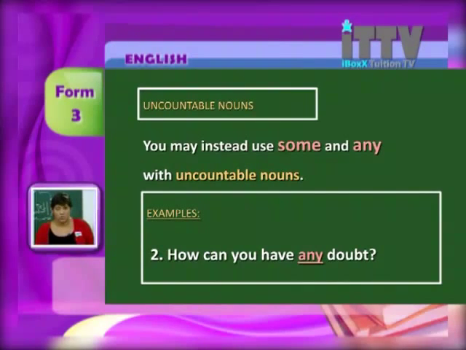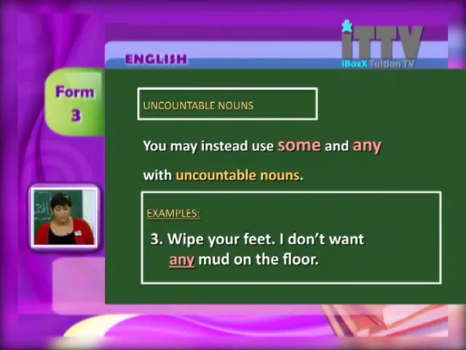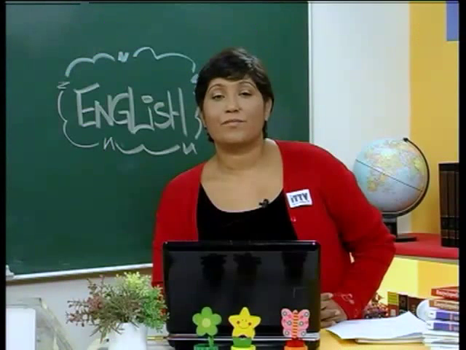Whether there's any doubt at all. How can you have any doubt? Wipe your feet. I don't want any mud on the floor. That's a sort of an instruction. So wipe your feet. I don't want any mud on the floor.